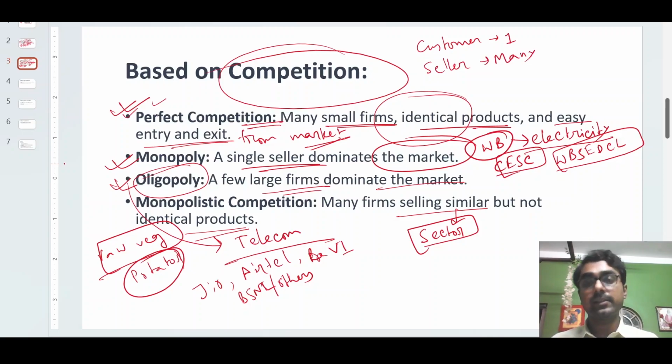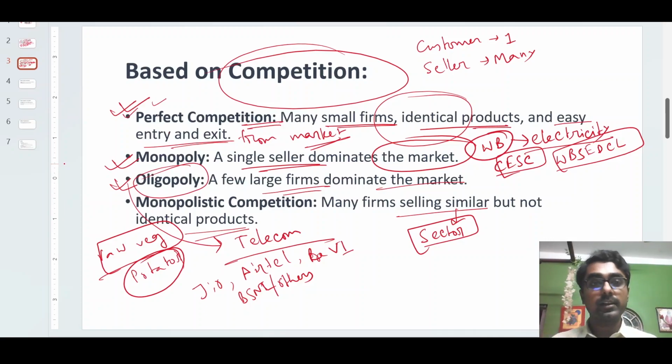So automatically the customer has more bargaining power, and the seller cannot sell the product as per their own choice. There will be some predetermined price for an individual product. So that is perfect competition.